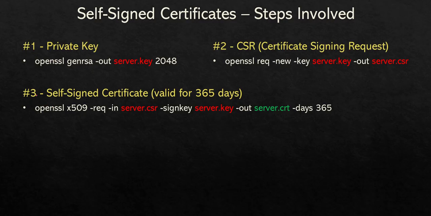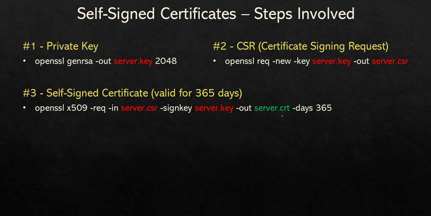Now the third one, because we are talking about self-signed certificates, is the command using which we ourselves are signing this CSR. If you look at the command, look at the red color that I have highlighted here. What we are passing here is the CSR file as an input, that is the certificate signing request that we created earlier. The signing key that we are passing is the server key that we created in the first command.